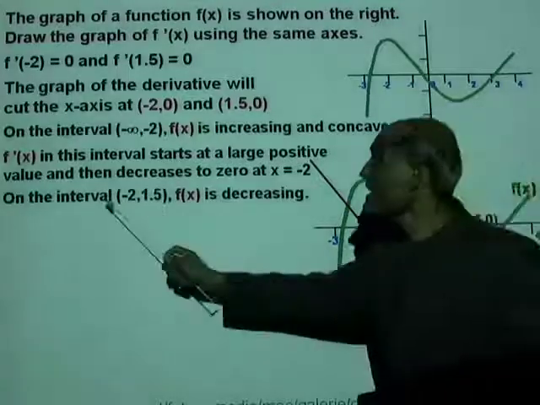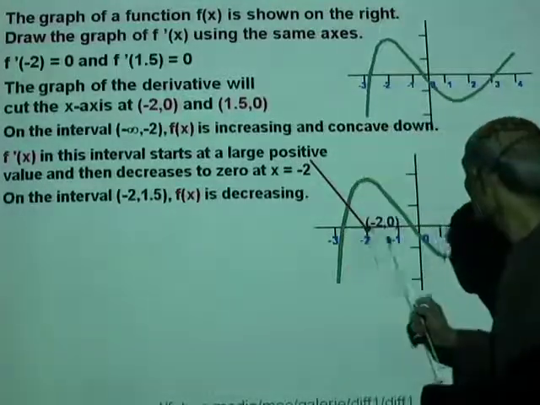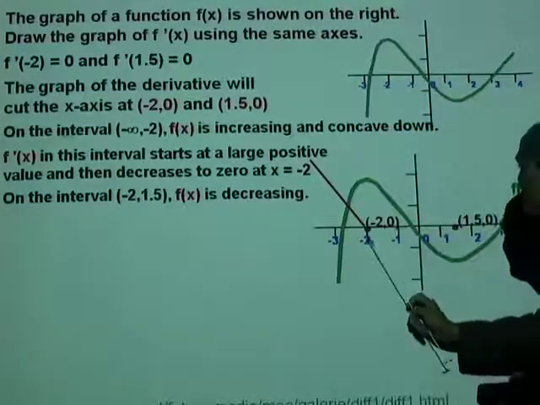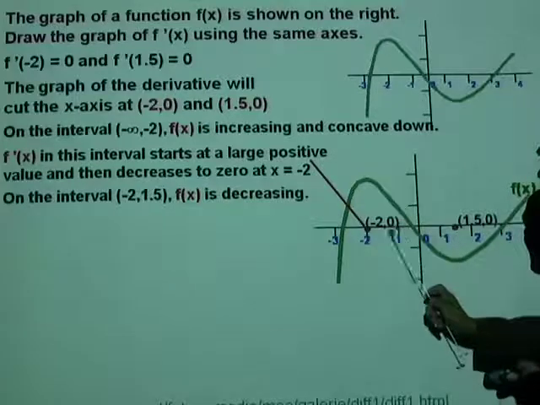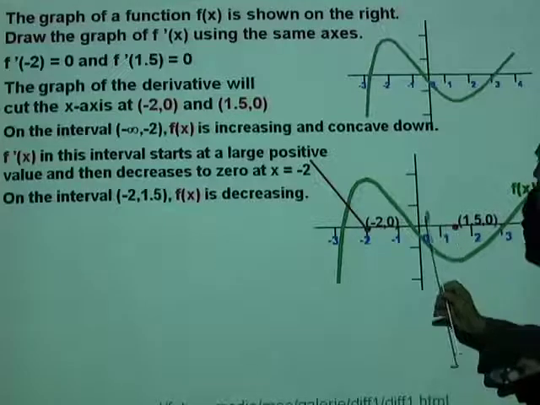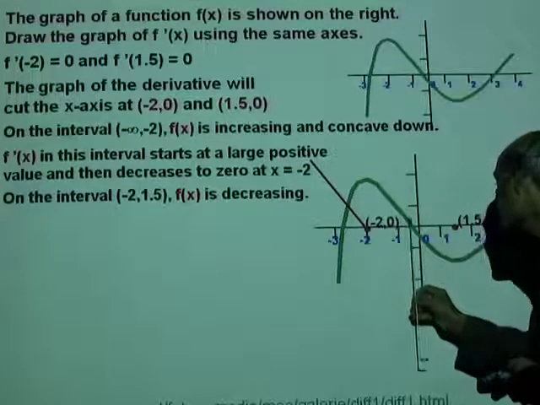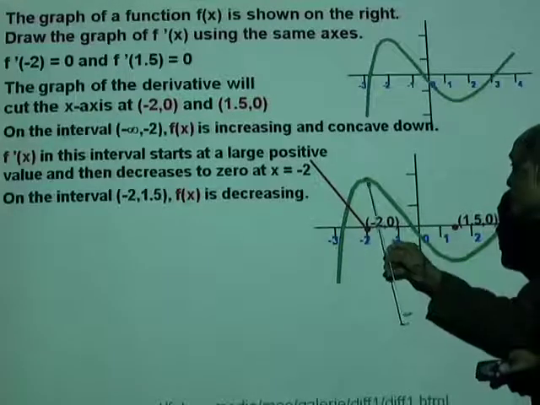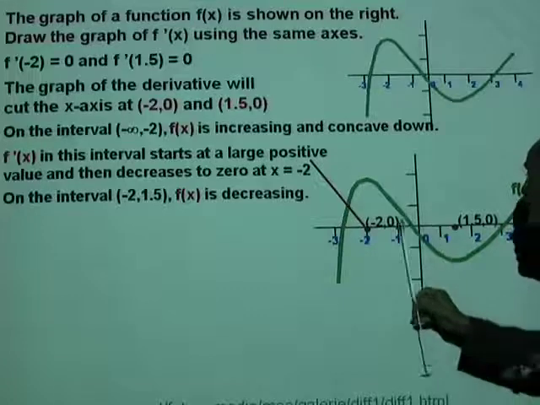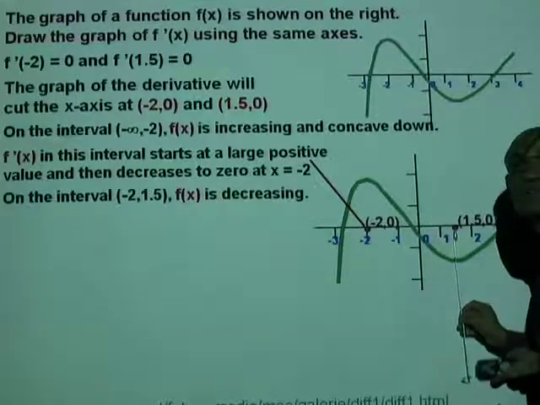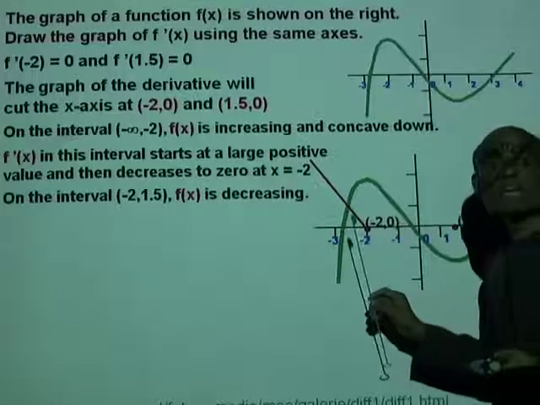Alright? On the interval negative 2 to 1.5, look at this, negative 2 to 1.5. Can you tell me what is the behavior of the function there? The function is decreasing. Now, if the function is decreasing on that interval, the derivative will be negative.